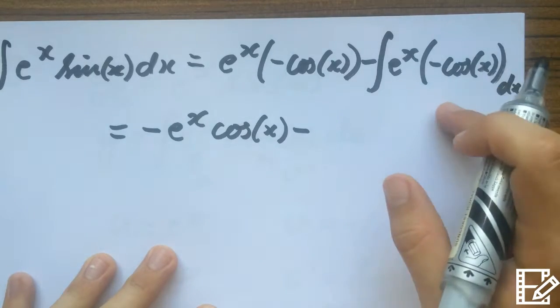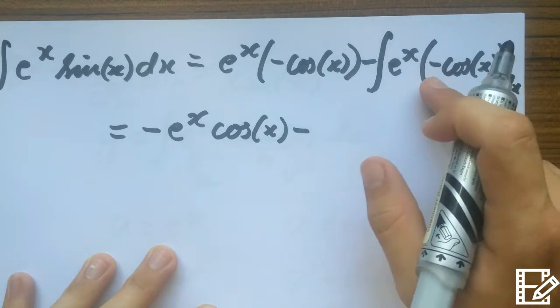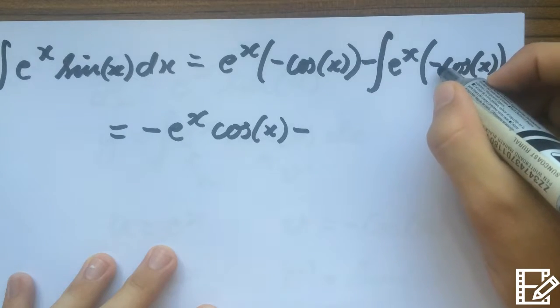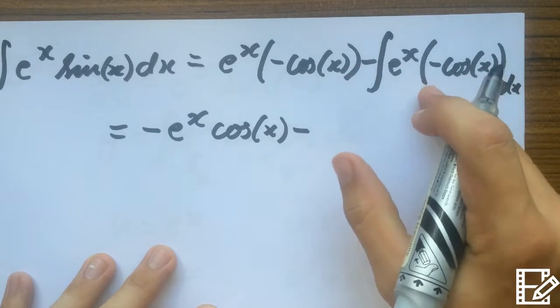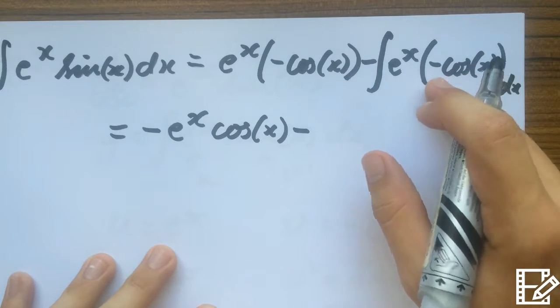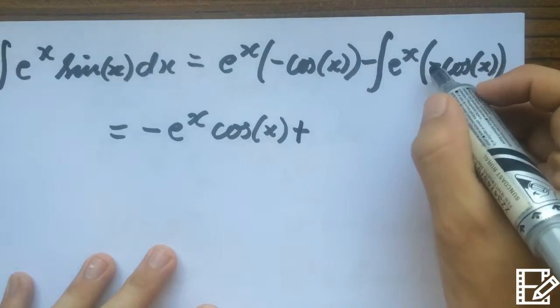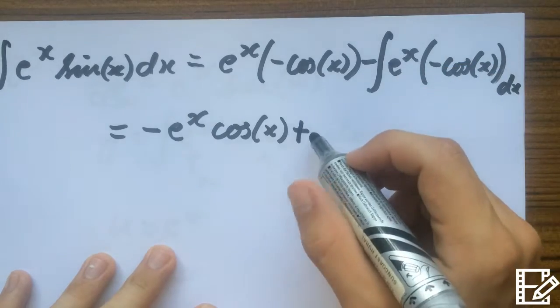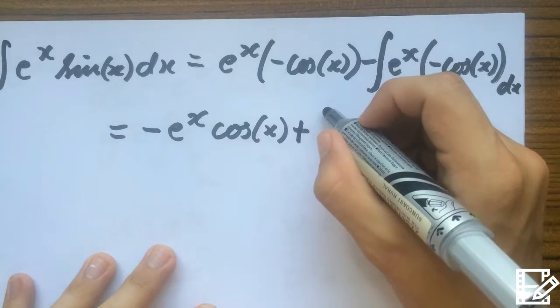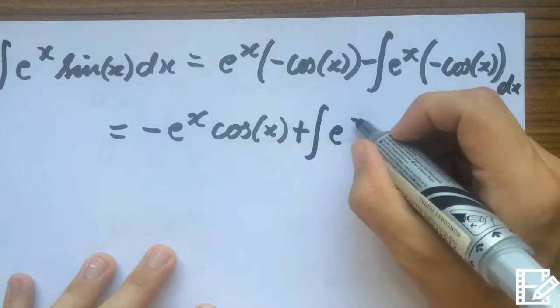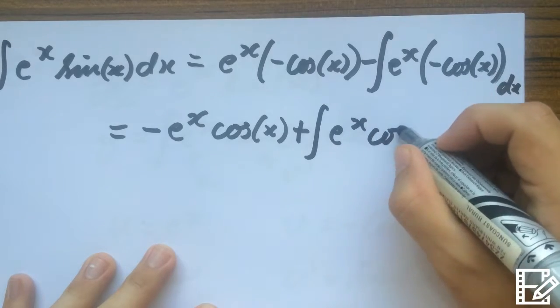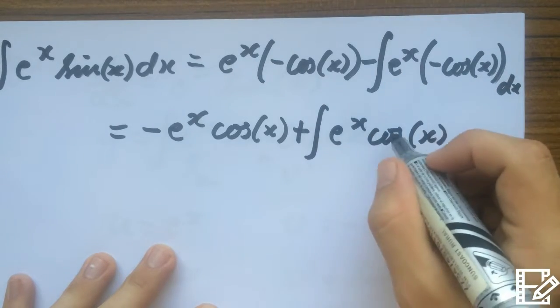So essentially there's an invisible 1 there. We're going to factor that out, because that's multiplication by a constant. So we multiply that out and we get a positive, because a negative multiplied by a negative is a positive. Now all we have to find the integral of is e to the x cos x. No more negative, because we multiplied it out.